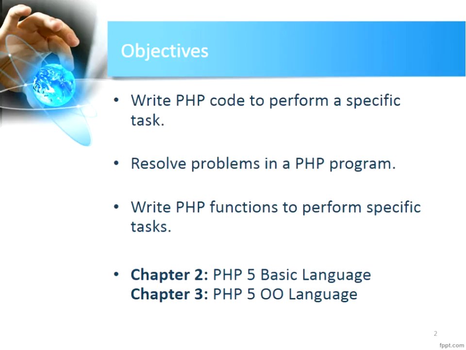So let's begin now with this chapter. The objectives of this chapter are to learn how we can write PHP code to perform a specific task, how to resolve problems in a PHP program, and how to write PHP functions to perform specific tasks.